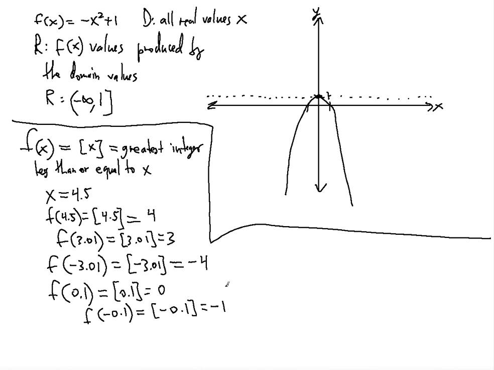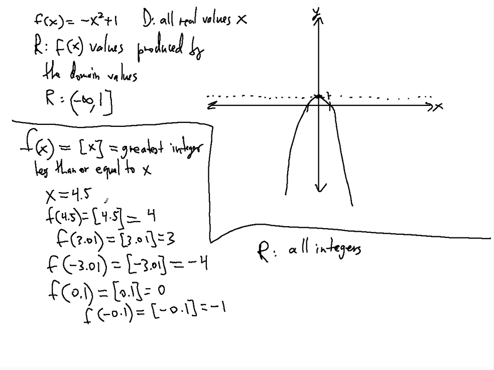So for this reason, you should understand that the function values for whichever x you choose, whether it's integer or not integer, or a rational number or irrational, whatever, you will always have integers. So the function values will always be integers, and for this reason, we can say that the range is going to be all integers.